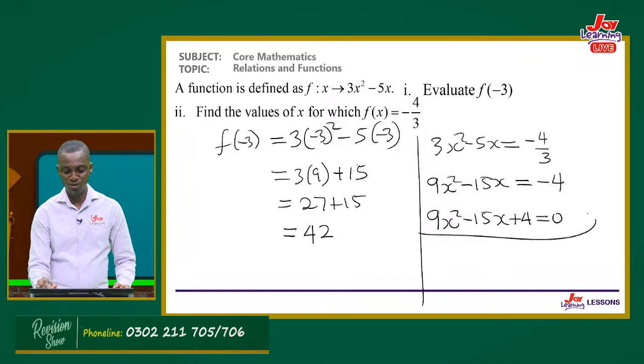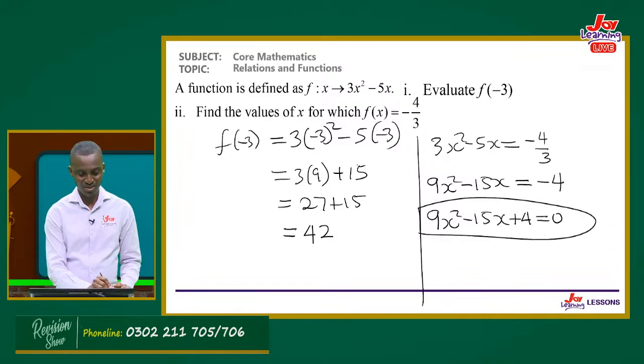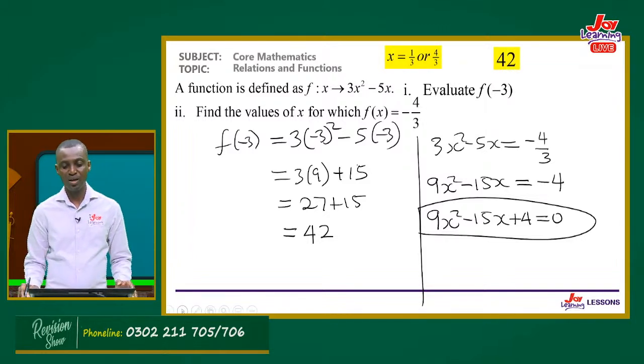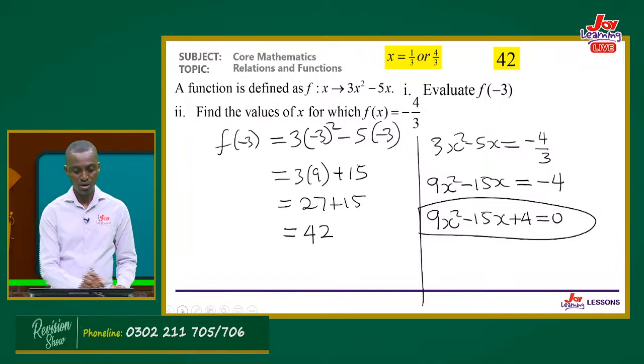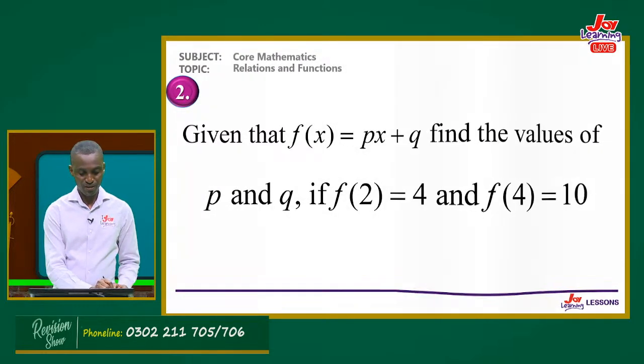I'll leave this question for you to solve so that we can bring the problem of the day and be very fast. When you do it very well by solving it quadratically, you are going to get either 1/3 or 4/3 as your answer for the values of x.